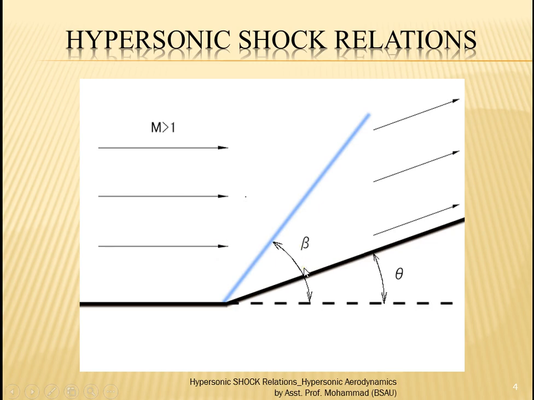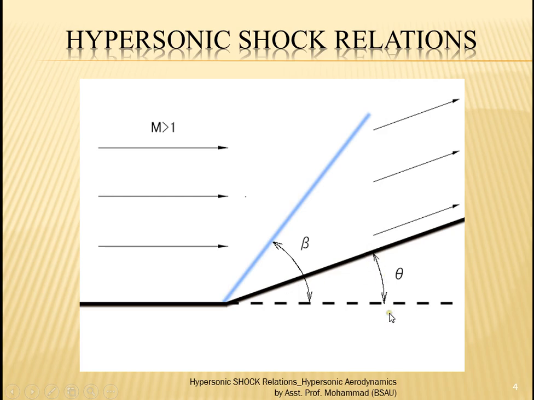In this fashion, the space available for the flow after the shock is smaller. So this space is larger, this space is smaller, and the flow has to be compressed to maintain continuity. So the flow gets compressed, and then we get an oblique shock here.